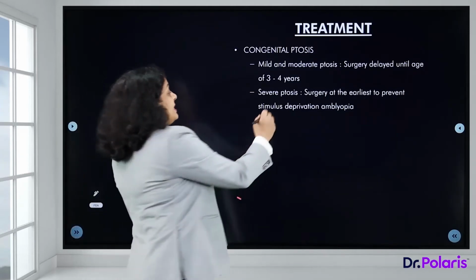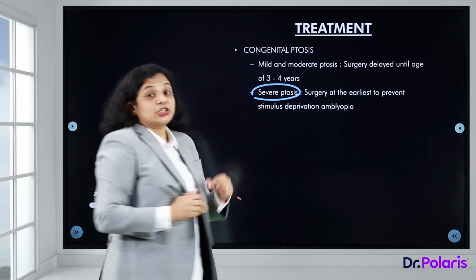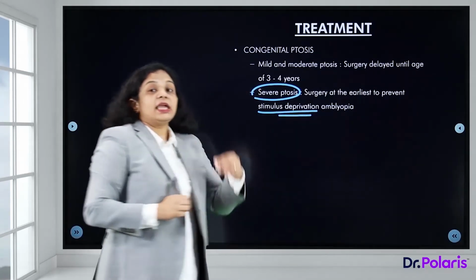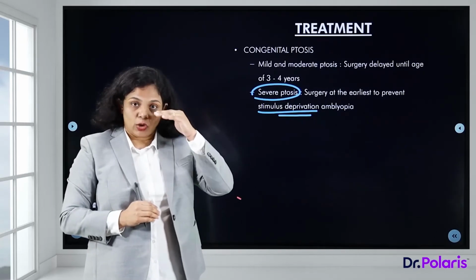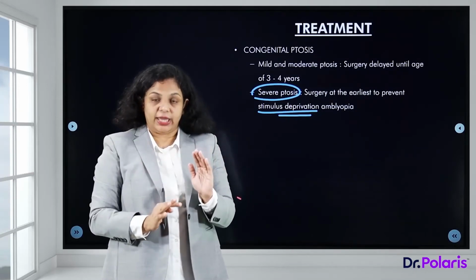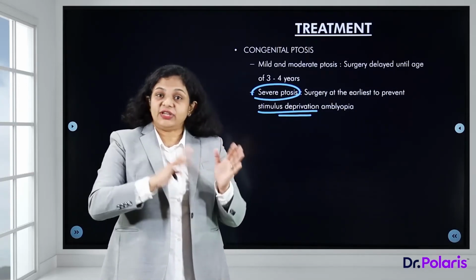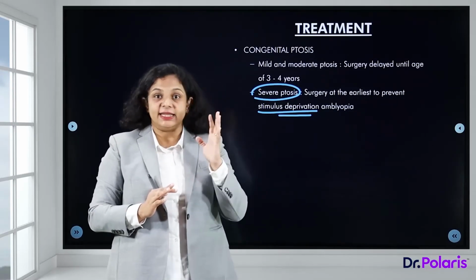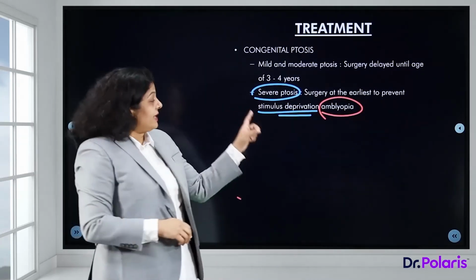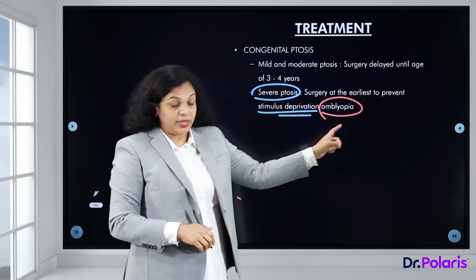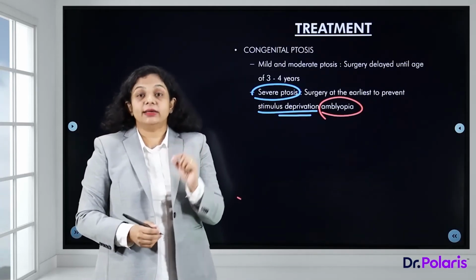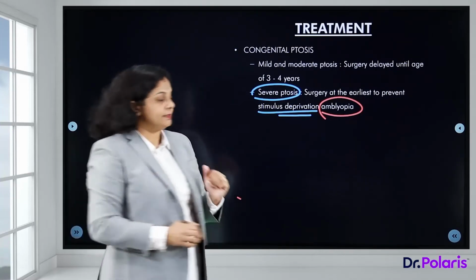But if it is a severe ptosis causing stimulus deprivation, that is, the pupillary area is getting blocked, that means the eye is not getting any stimulus, because of which after some time the brain will stop recognizing that eye and the patient will go into amblyopia. To prevent stimulus deprivation amblyopia in a severe ptosis, surgery has to be done at the earliest possible chance.